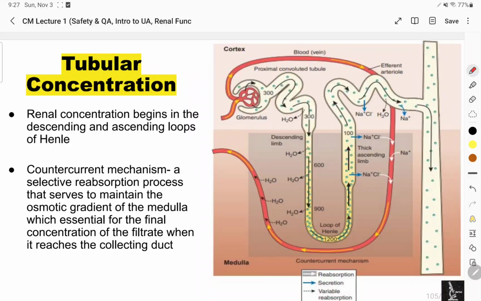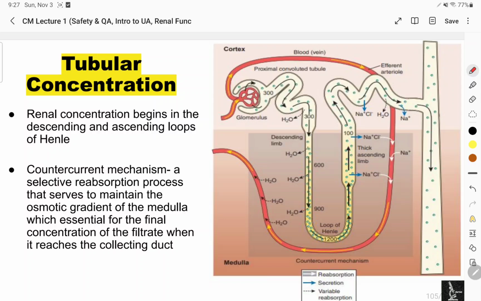Tubular concentration, one of the functions of our nephrons, di ba? Especially your juxtamedullary nephrons is to concentrate our urine. So where does the renal concentration begin? So it begins in the descending and ascending loops of Henle.